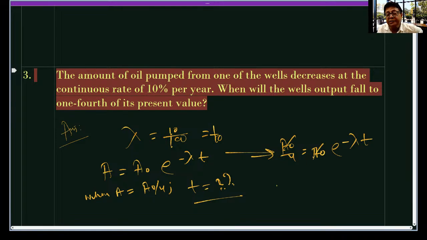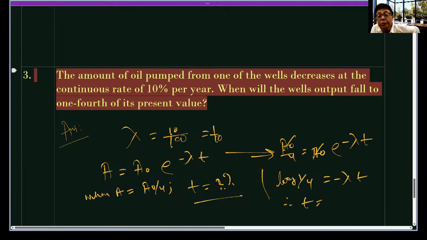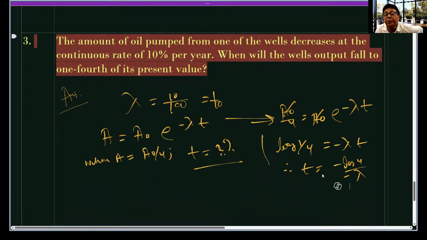Take log of two sides. Log 1/4 equals minus λt. So t will be log 1 minus log 4. Log 1 is 0 for any base. So this is going to be minus log 4 by minus λ. Clear? What is the value of λ? We got 1 by 10. So it will be 10 log 4.